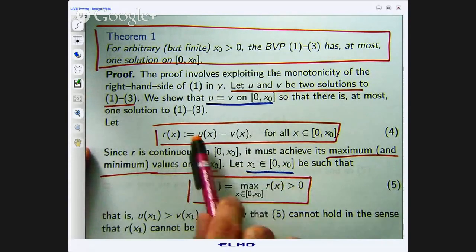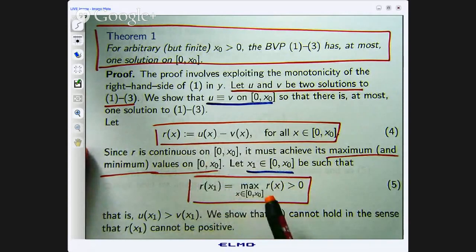We'll argue by contradiction and assume that it's a positive maximum. So let's assume that u of x1 is strictly greater than v of x1.